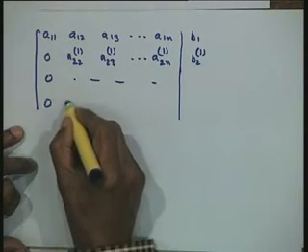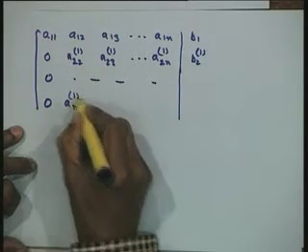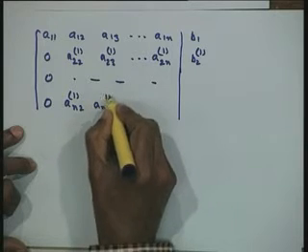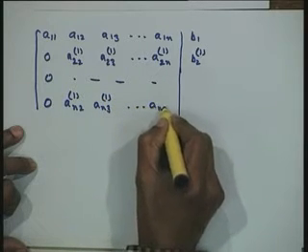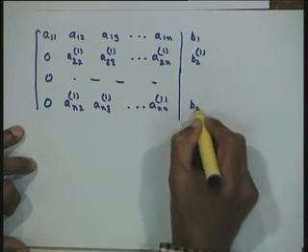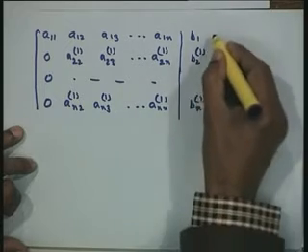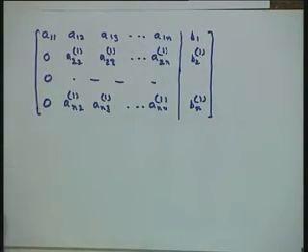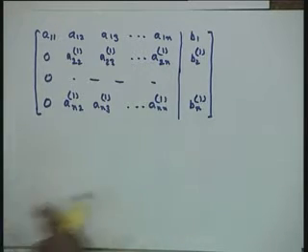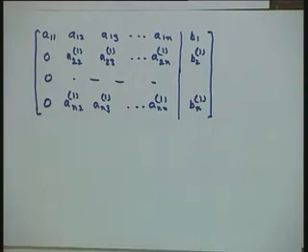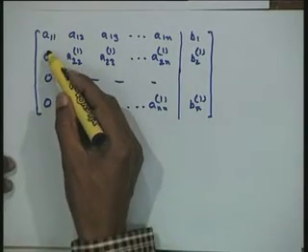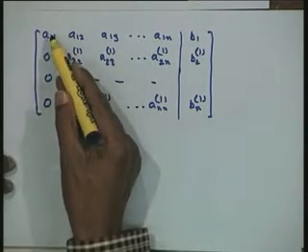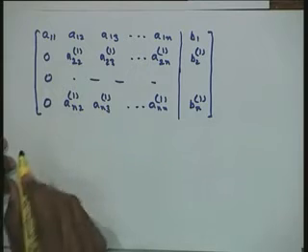So I have a 0 here, An2 of 1, An3 of 1, Ann of 1, Bn of 1. Now step 1 is over, that I have produced zeros in the first column except for the first element, the 1 1 element. Now I proceed to step 2.